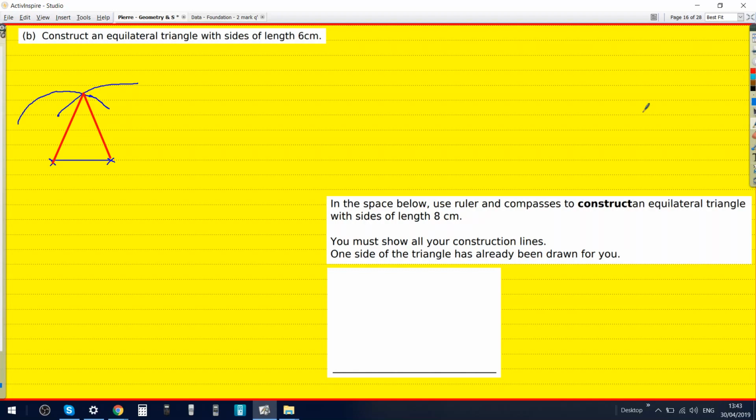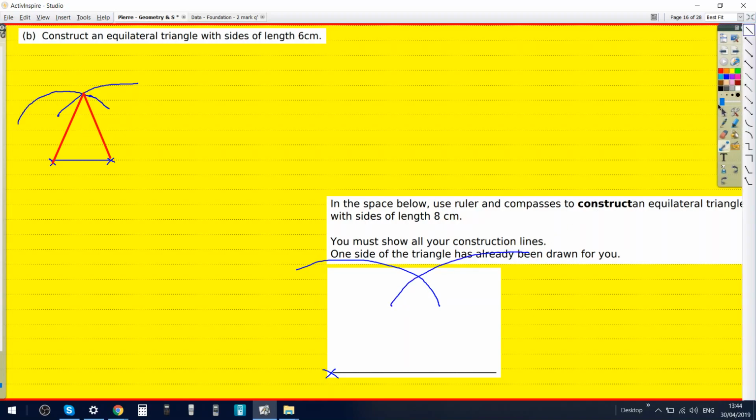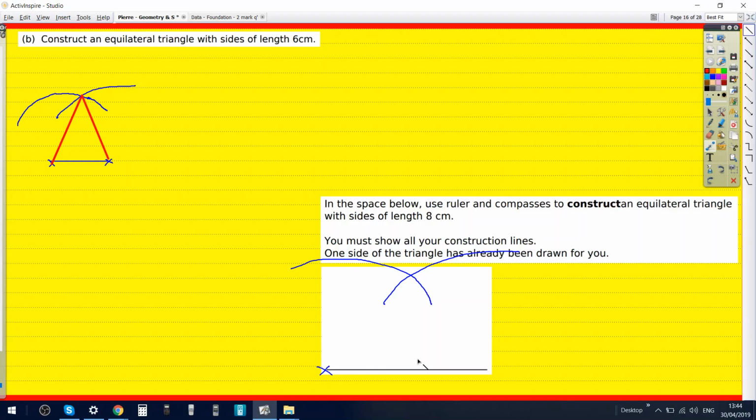Then you get one point and rotate it. Put the point there, and it's going to be the other side, and then you join them up. Where it intersects, that's your point, because that point is 8 centimeters from both. You don't rub anything out, that's your working out.